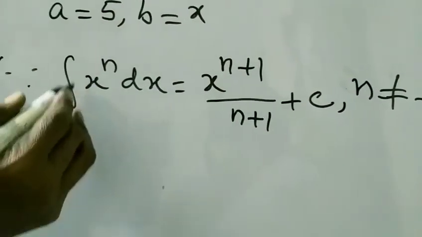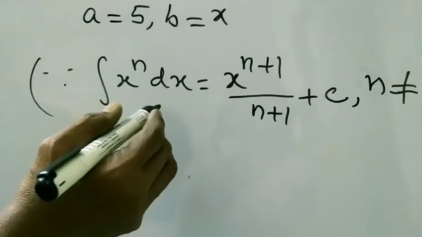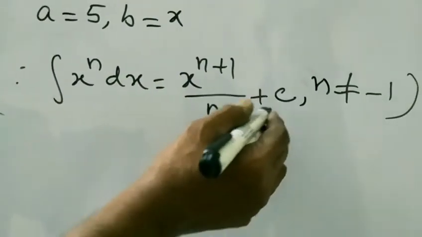By using this formula, integral of x to the power of n dx is equal to x to the power of n plus 1 by n plus 1 plus c.